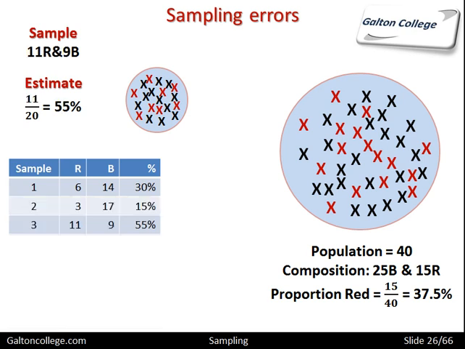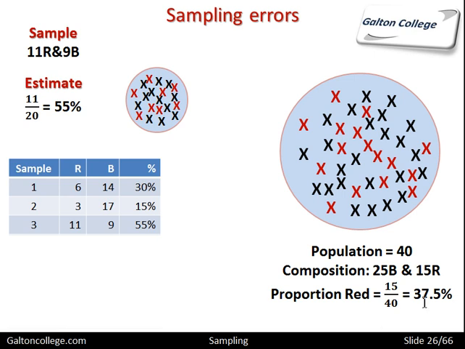Let's do it again. This time we draw out 11 balls and we could have 11 and 9, which is 55. We have a second sample here, let's say. We have 3 and 17, so we have 15% red here. 30% are red on the first one, 15 on the second one, and on this one, 55%.